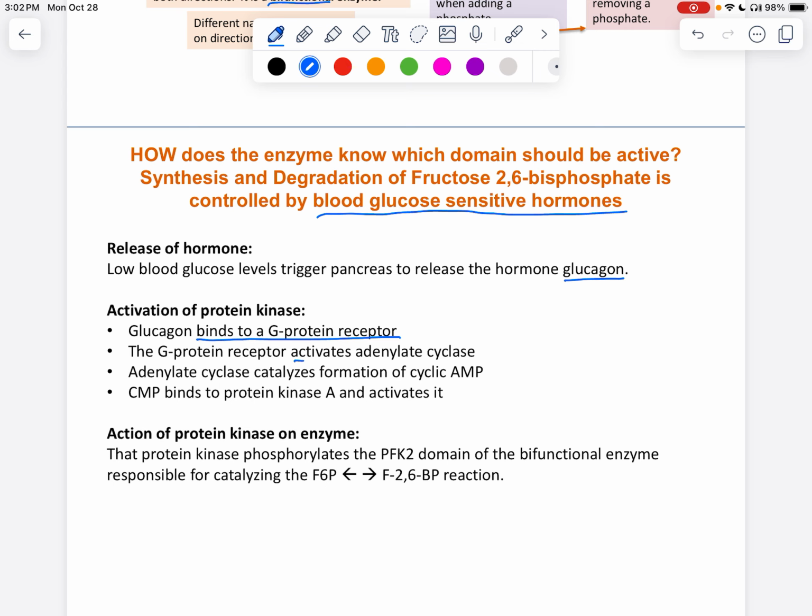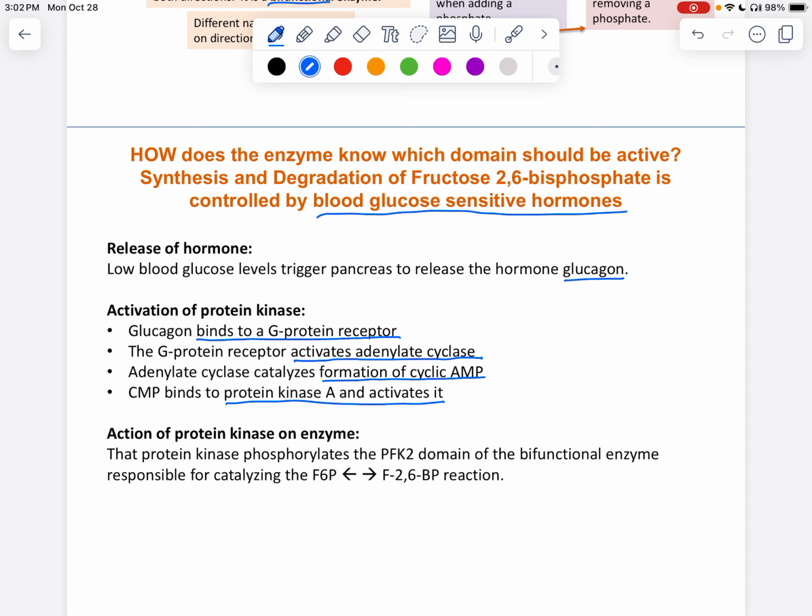That's going to activate adenylate cyclase. That is going to catalyze the formation of cyclic AMP, which binds to protein kinase A and activates it. This should sound really familiar, right? When we talked about signaling proteins.